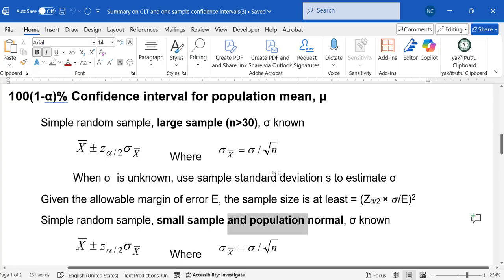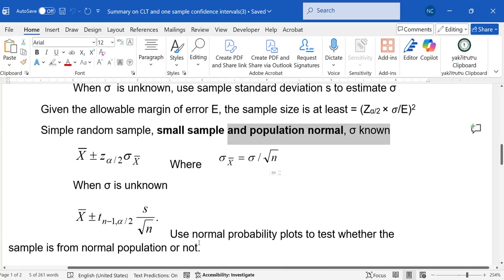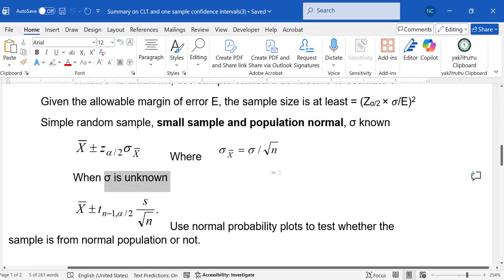If small sample, population is normal, and you know sigma, you still use the z. That's more accurate. Okay? But most of the time you don't know, unknown sigma, you use t. You use t alpha over 2, and also you need to know the degrees of freedom.